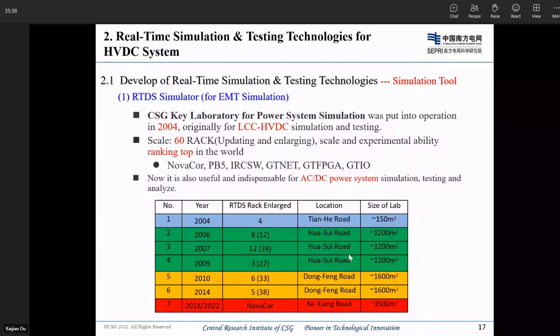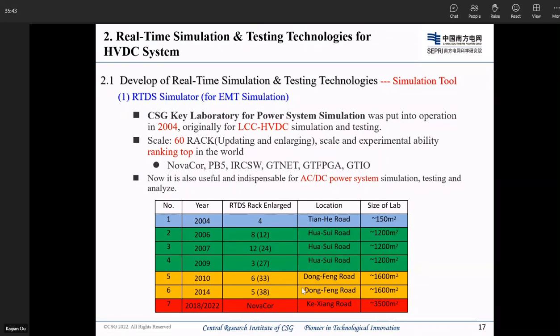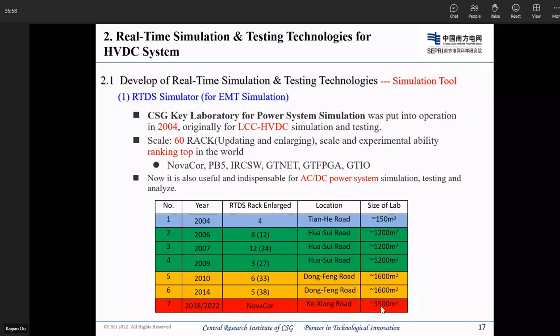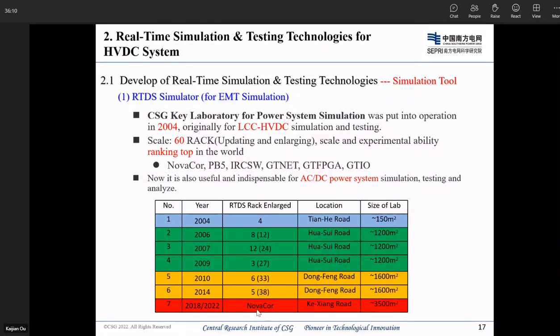We then moved to another location, and now we are in Korean Road. Our lab is now more than 3,500 square meters, with more than 60 racks of RTDS in total. So it is almost the biggest in the world.